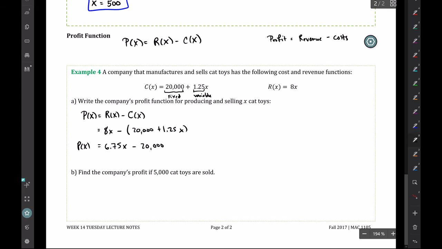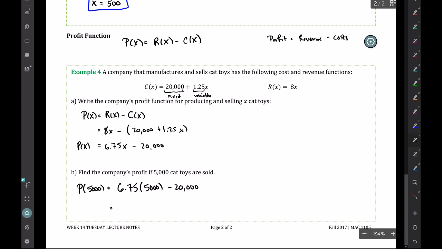And it says find the company's profit if 5,000 cat toys are sold. So now all we're going to do is plug in 5,000. So we have P, the profit of selling 5,000 cat toys. P of 5,000 is 6.75 times 5,000 minus 20,000.